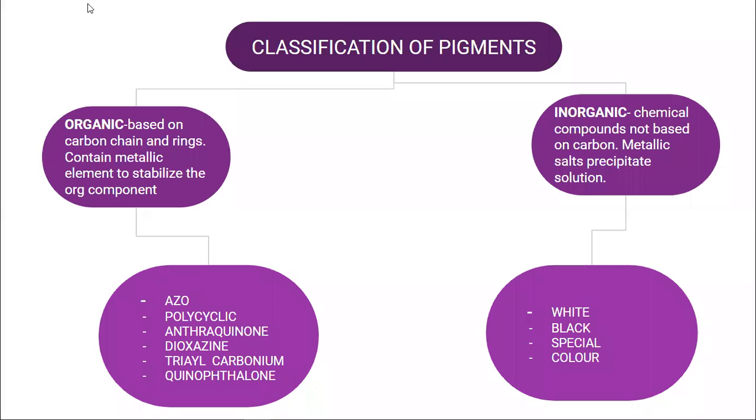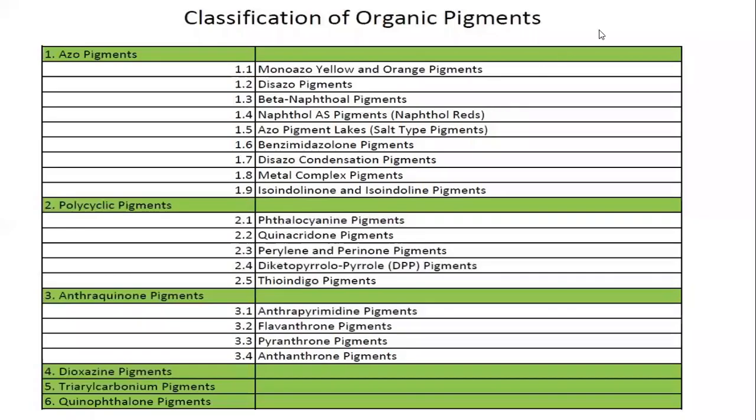Next. Here I would like to explain a bit on the classification of organic pigments. Azo pigments we have a lot: monoazo yellow and orange pigments, disazo pigments, beta naphthol pigments, naphthol AS pigments, azo pigment lakes, benzimidazolone pigments, diazo condensation pigments, metal complex pigments, and also isoindolinone and isoindoline pigments.